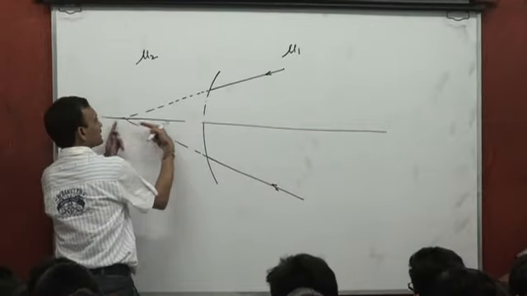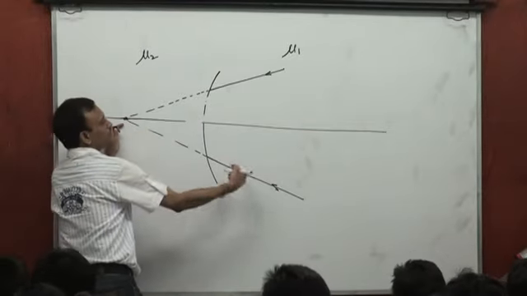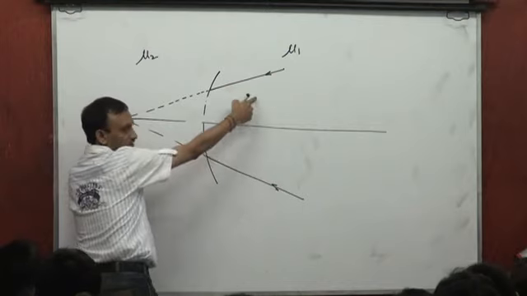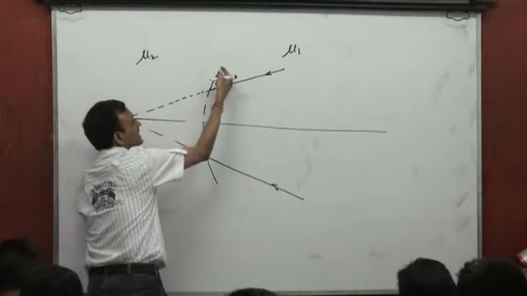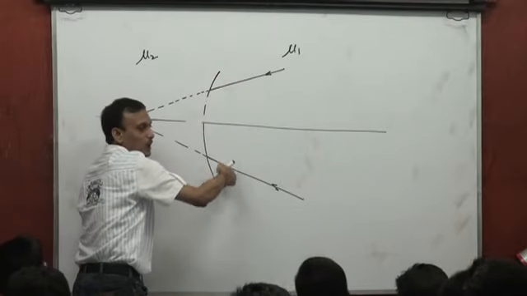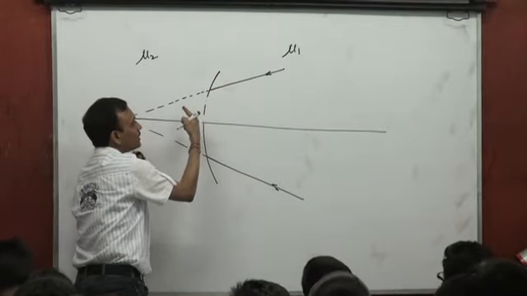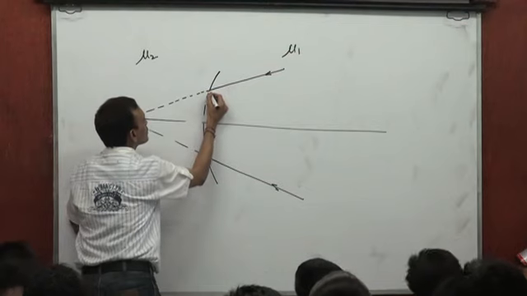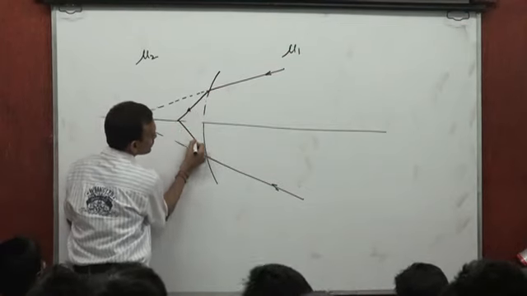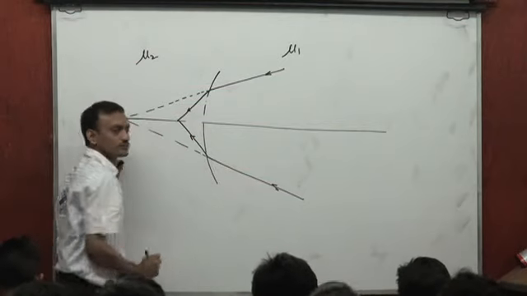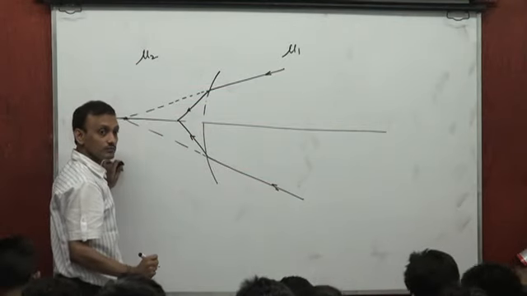There is a beam that is attempting to converge at this point, traveling here. But then it's intercepted by a boundary of separation between this pair of media, and in the process, this beam converges to this point. Right?